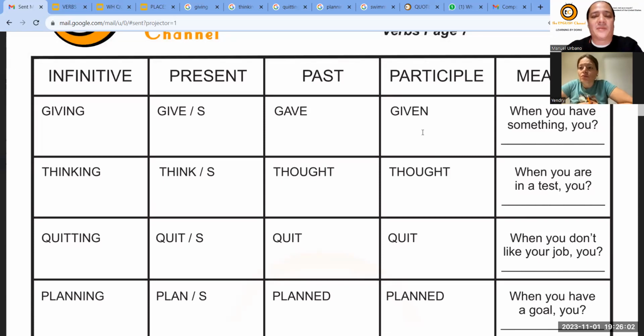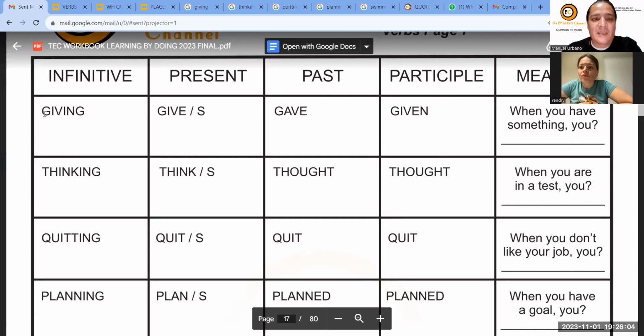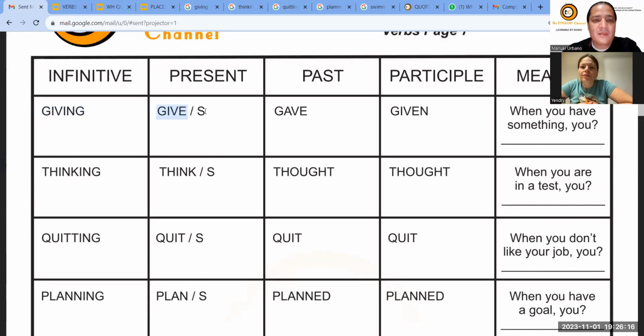These are the verbs for today, and we're going to start with giving, which is an irregular verb. So you have to watch out for the past and the participle. Let's practice. Giving, give, gives, gave.